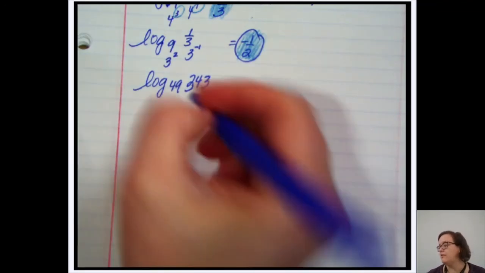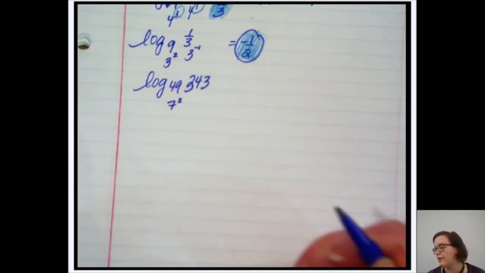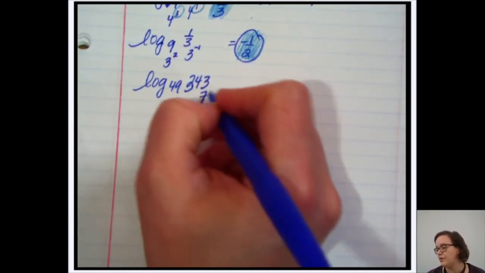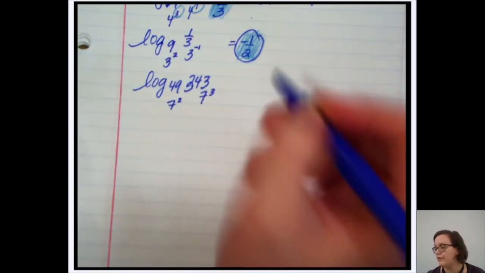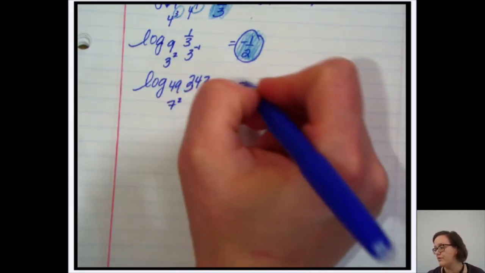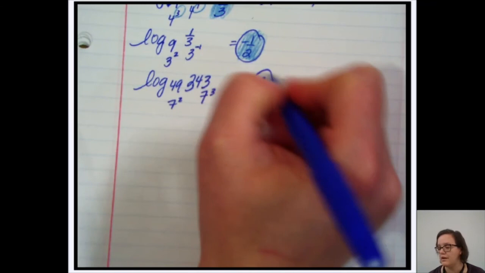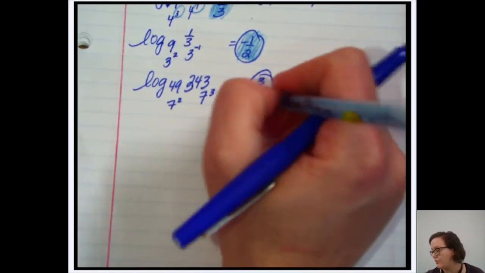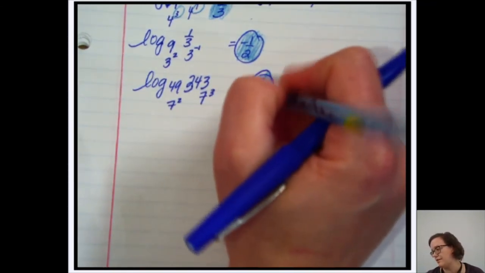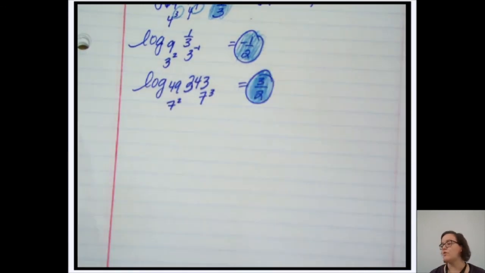So let's see. 49 is 7 squared. 343 is 7 cubed. Okay, so if we do the ratio of those two, we get 3 halves. Okay, and so we do get 1.5 in this case. Okay, so you can get negative answers, positive answers, fractions, right? Okay, so keep that in mind.